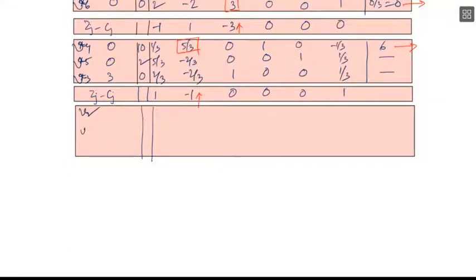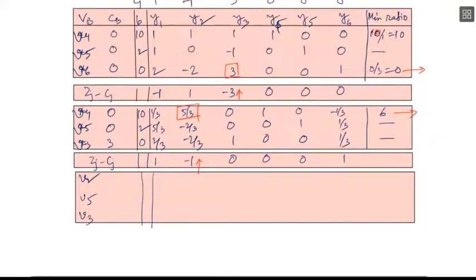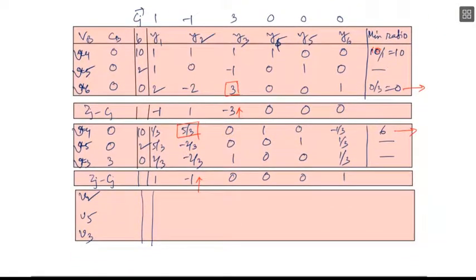V2, V5 and V3, their costs are respectively minus 1, 0, 3, and these values will be 10 into 3 by 5, that is 6, it is 1/3 into 3 by 5, that is 1 by 5, it is 1, 0, 3 by 5, 0, minus 1 by 5.